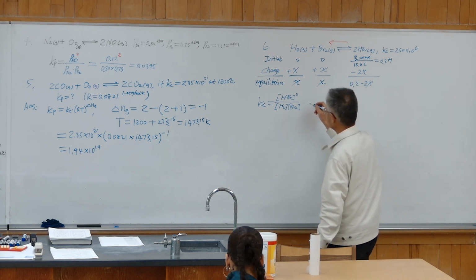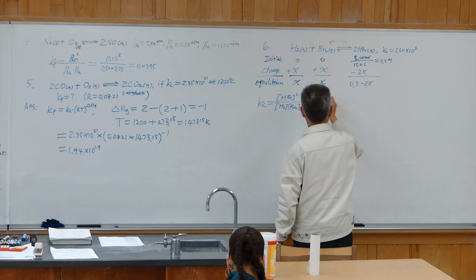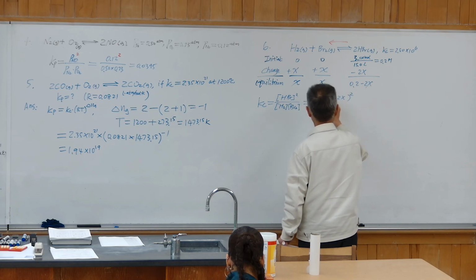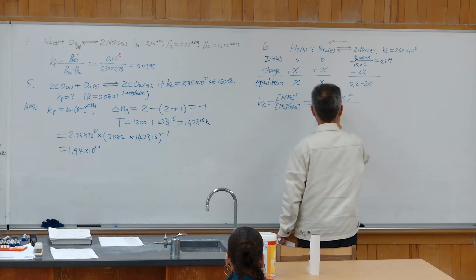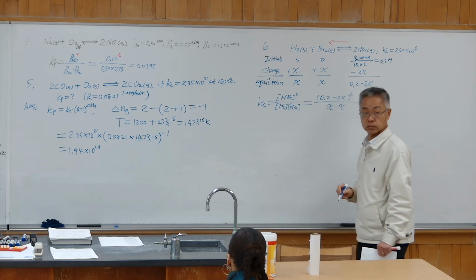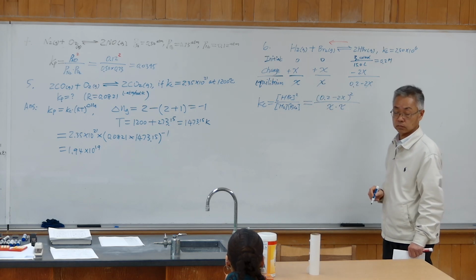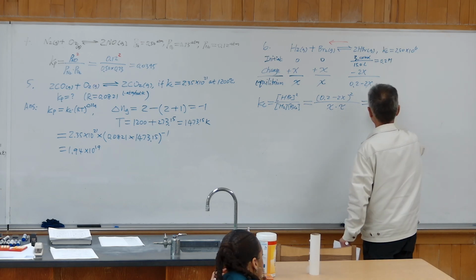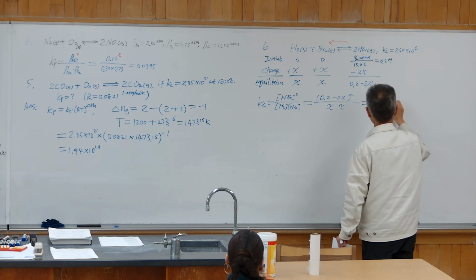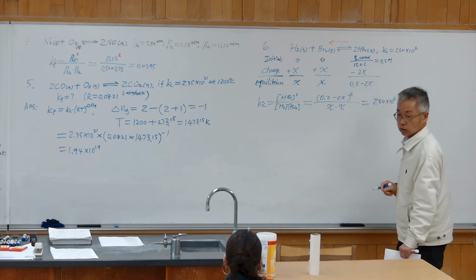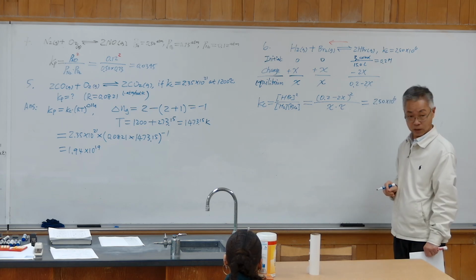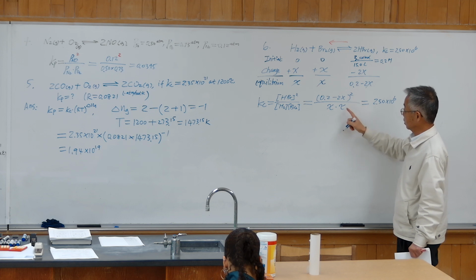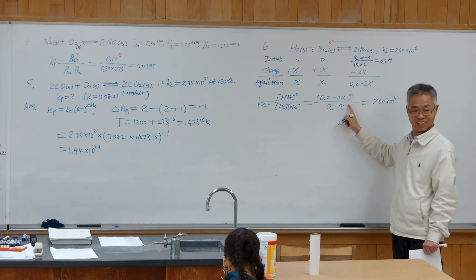Okay, so now (0.2 minus 2x) raised to the second power over x times x equals 2.5 times 10 to the 6th power. It's a quadratic equation, you can use the formula. But luckily, this is second power, and x times x is also second, so we can take the square root.